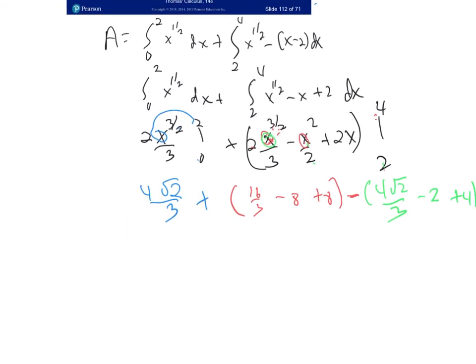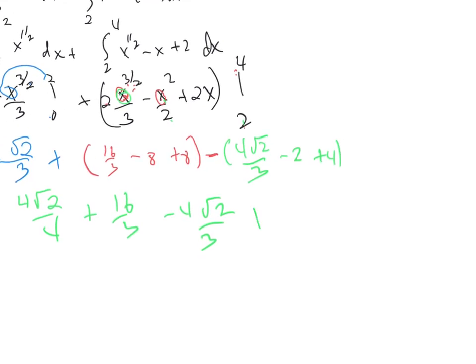That gives me a 4 square roots of 2 over 3 plus 16 thirds minus 4 square roots of 2 over 3 plus a 2 minus a 4.